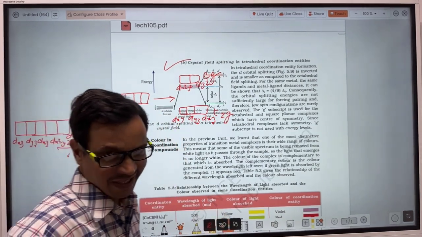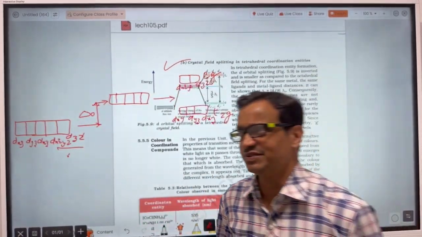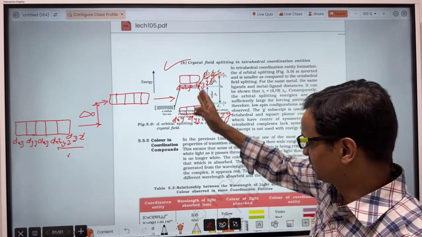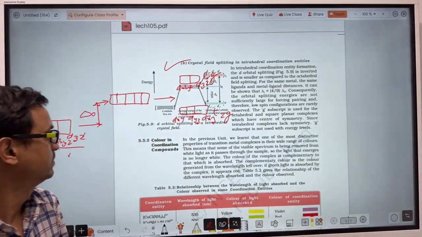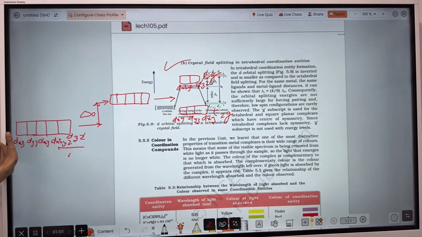Okay guys, keep in mind here. I am giving you a 1 minute break. Just think over that. How is that happening? Firstly, during the bond formation, the energy of the d orbitals increases by delta O value.